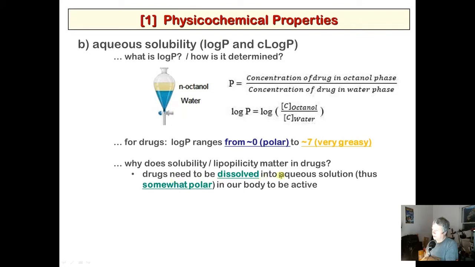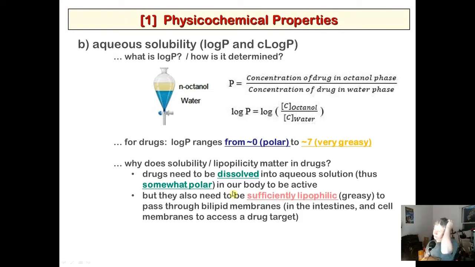So drugs need to be somewhat polar to be dissolved in a mostly aqueous environment. But at the same time, they also have to be sufficiently lipophilic, greasy, to pass through lipid membranes in the intestines or cell membranes to access a drug target. So it can't be so polar that it's 100% aqueous soluble, because then it won't pass through membranes.